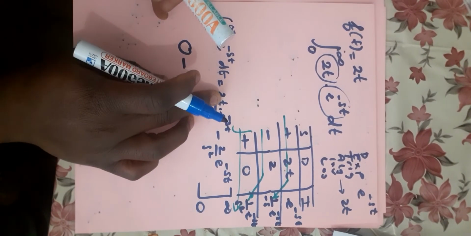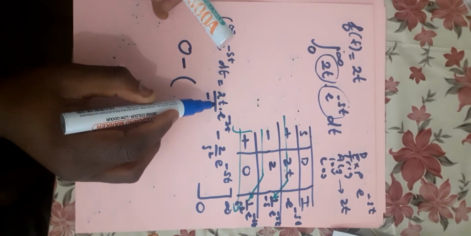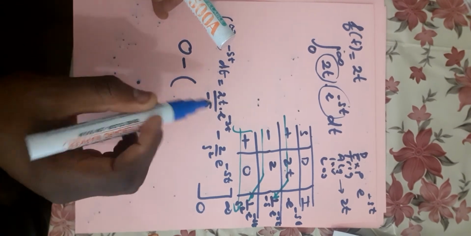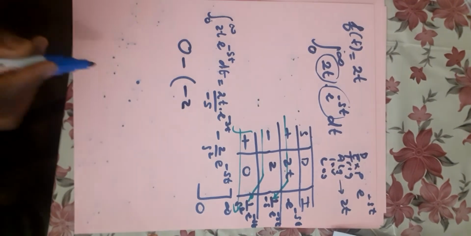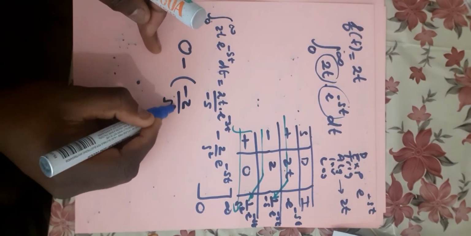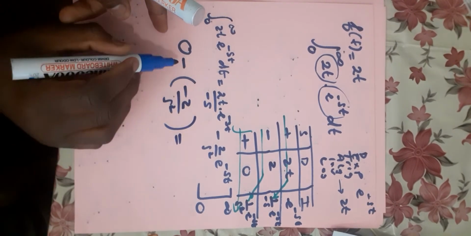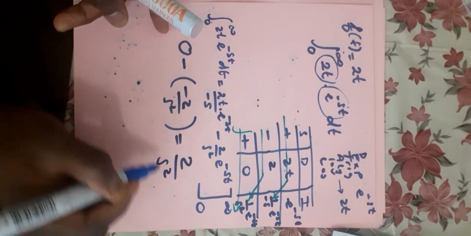When I put 0 here, it's going to give me 0. If I put 0 here, I'm going to have minus 2, and this one is going to give me 1. So minus 2 divided by s squared. Minus times minus gives me positive 2 divided by s squared.